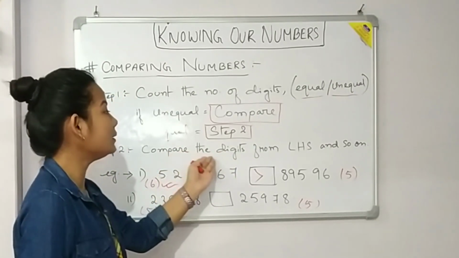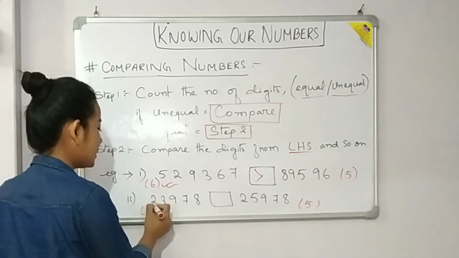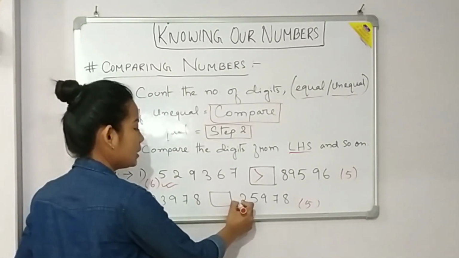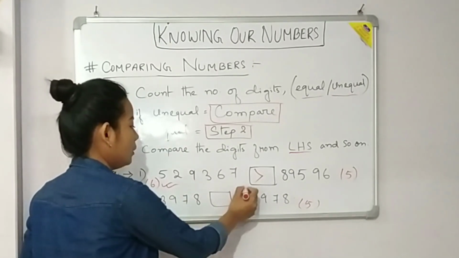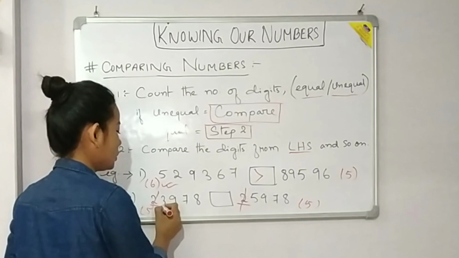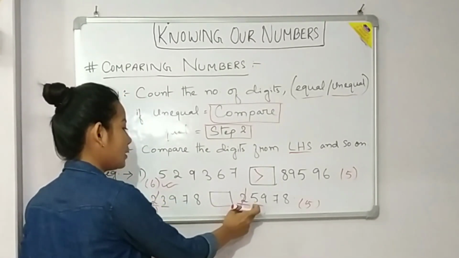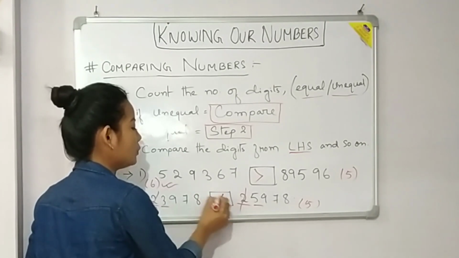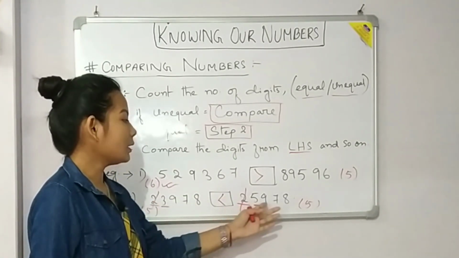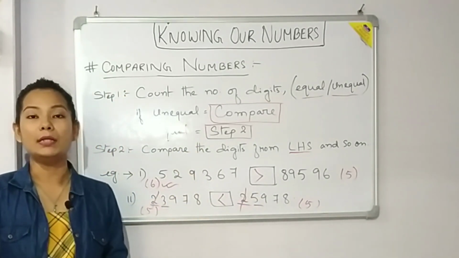We have to compare the digits from the left-hand side. From the left-hand side, the first digit we are getting is 2, here is also 2, so we will stop comparing this. The next digits are 3 and 5. Which one is greater? 5 is greater, so we will put our greater sign towards 25,978. So in this way we have to compare the numbers.